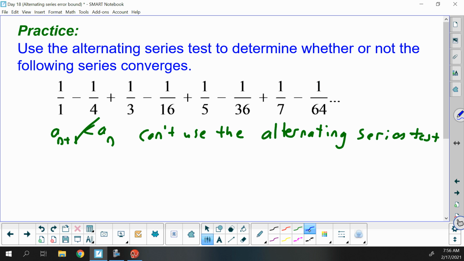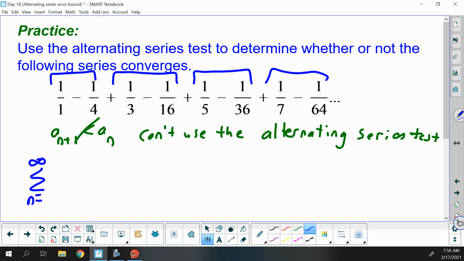Well, let's see if we can write this as a series. And if you look, the positive parts and the negative parts have different patterns. So let's think of these as groups. So for the first fraction, we have 1/1, 1/3, 1/5, 1/7.